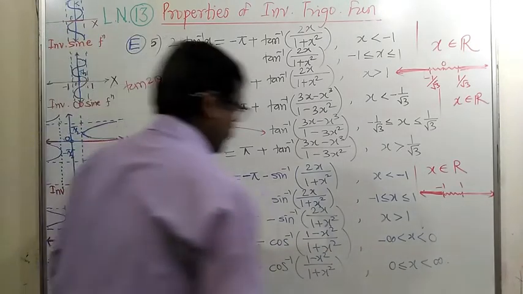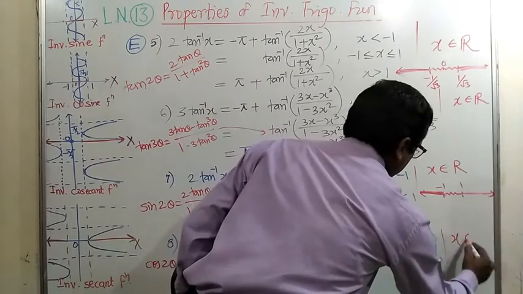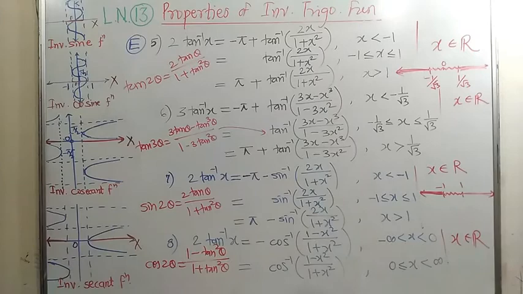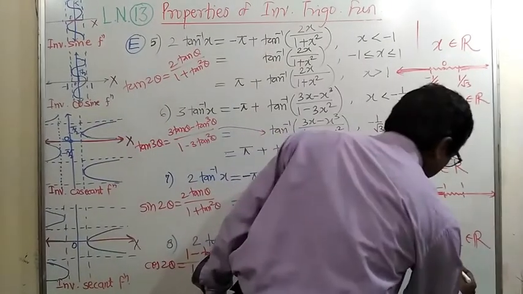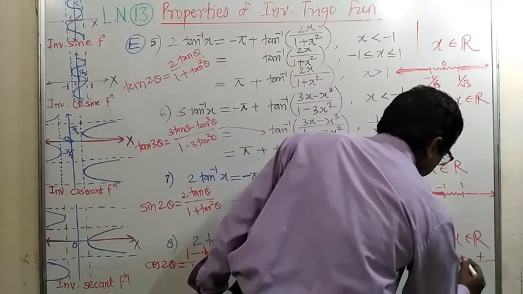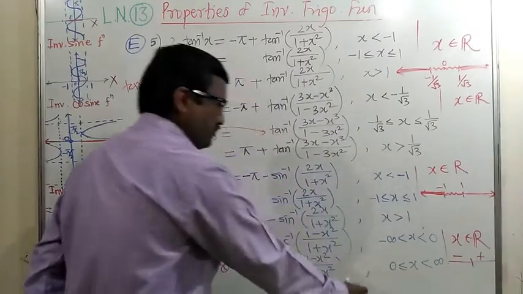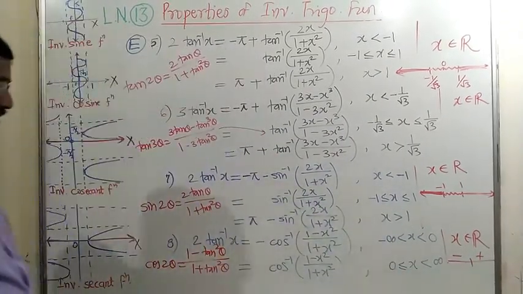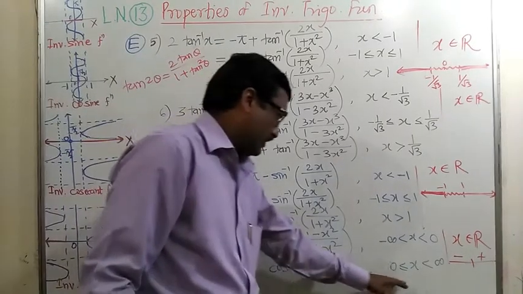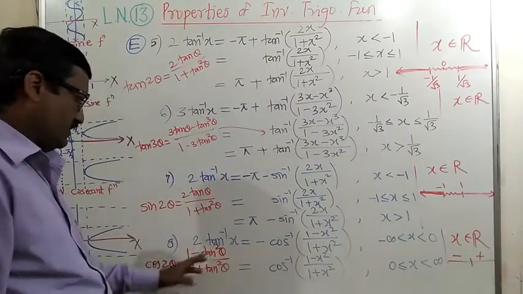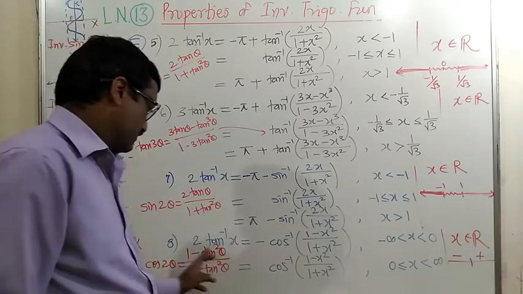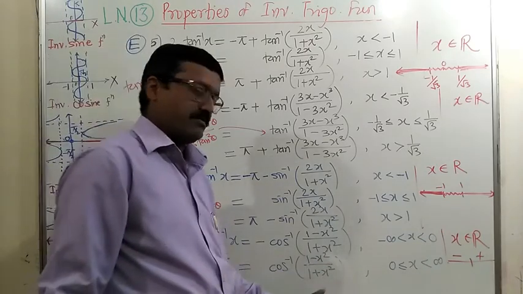Here again for tan inverse, the domain is the set of real numbers, and it is divided into 2 intervals only, positive and negative. This is x greater than or equal to 0 and this is x negative. Whenever x is non-negative, we write directly cos inverse of 1 minus x square upon 1 plus x square.